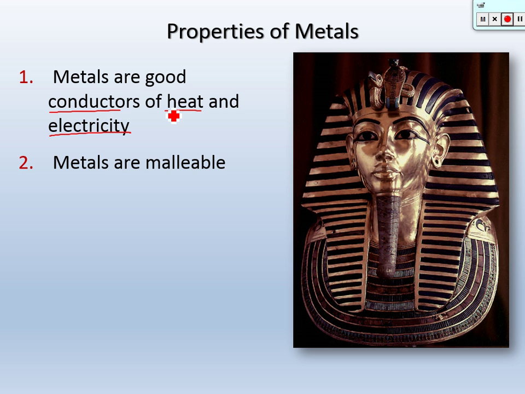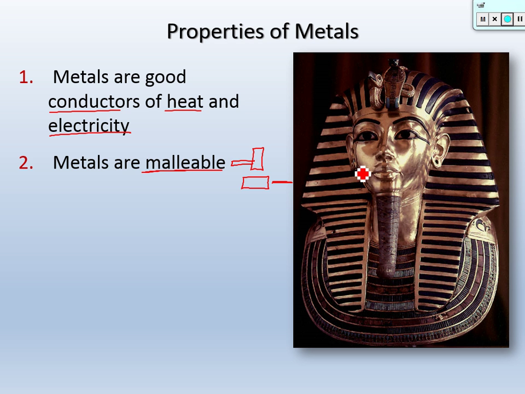Property number 2: metals are malleable. What does that mean? Well, if you got a hammer, and you heated up this block of metal until it got really hot, you could start hammering this piece of metal, and you could shape it into a thin sheet of metal. In fact, that's how they made King Tut's mask right here.